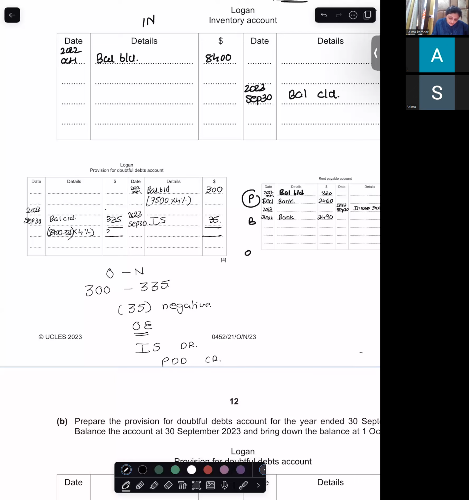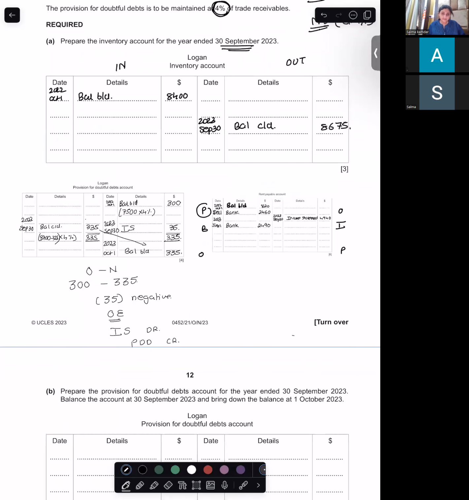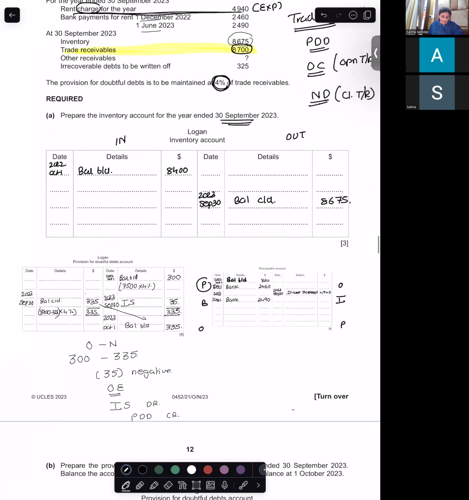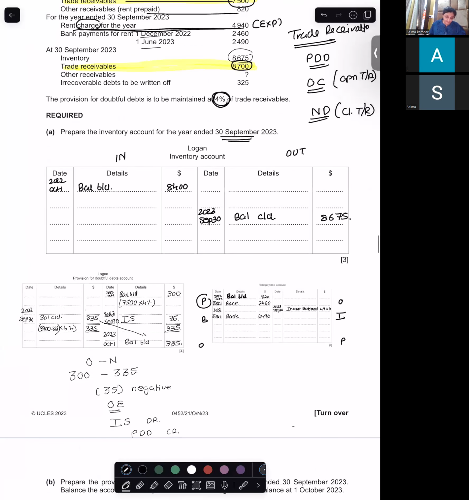This will close, 335, 335. It is mandatory to bring down the balance, balance brought down 335. This is done with the provision for doubtful debts account. Are you with me? Yes, Miss.